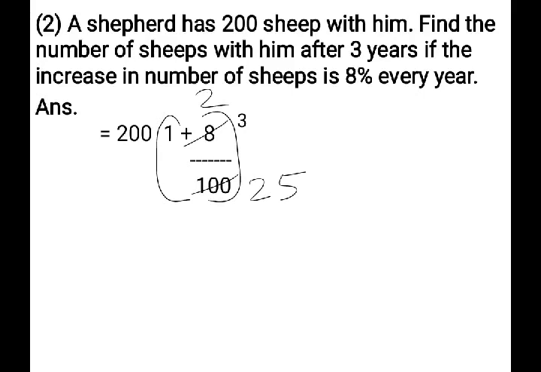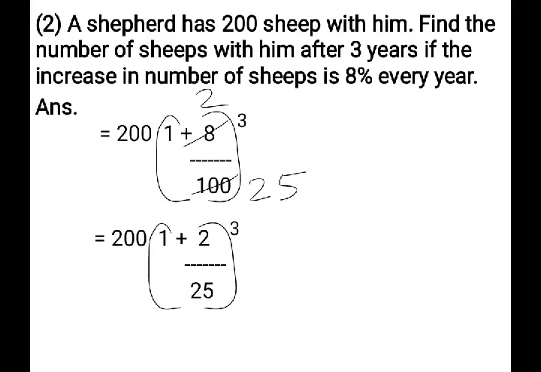Both numerator 8 and denominator 100 are going in the 4 table, so I have taken the 4 table to do the cancellation. That is equal to 200 in bracket 1 plus 2 upon 25 raised to 3. Next step you have to write cross multiplication now in the bracket. If you don't have any denominator here, take it as 1 and then write cross multiplication form.